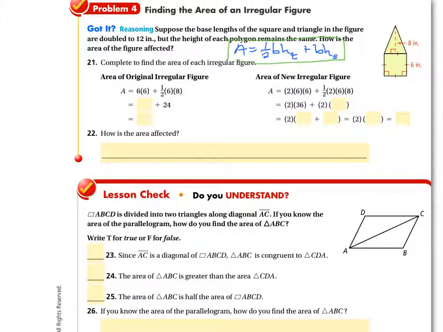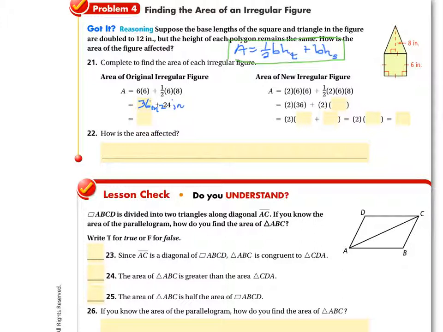Oh, by the way, you have to create your own blueprint. And so they plugged in here the base and the height of the square, and then the base and the height of the triangle. They've done theirs backwards from what I did. So what's 6 times 6? This is 36, and they haven't put in their units of measure, but it should be squared inches.